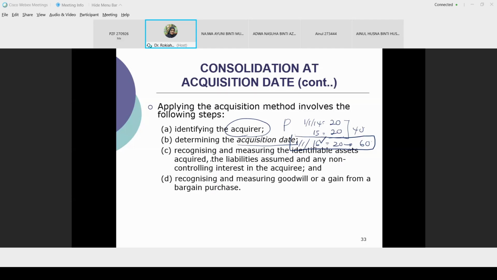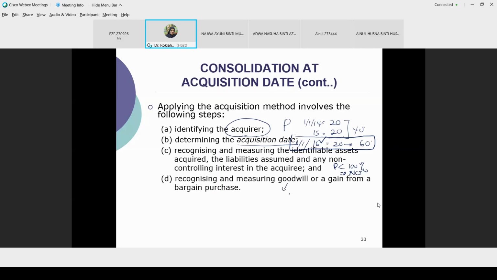The next step: you need to recognize and measure the identifiable assets acquired and liabilities assumed and any non-controlling interest in the acquiree. We need to measure all the assets and also the NCI. NCI arises when the parent has a share of less than 100%. Then recognize and measure the goodwill or the gain from a bargain purchase.